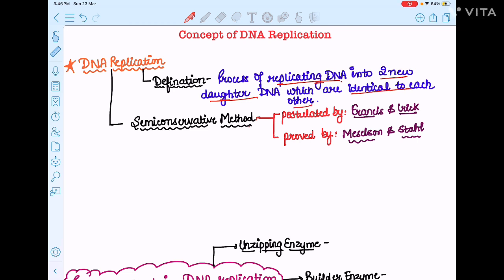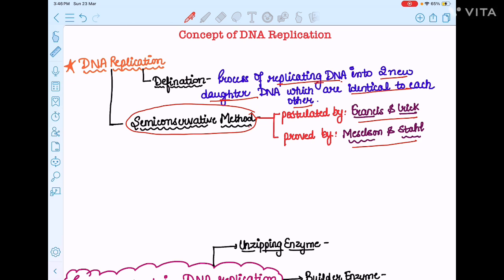The method of DNA replication is a semi-conservative method which was postulated by Watson and Crick and scientifically proved by Meselson and Stahl. Please put some stress there, that postulated and proved are different.